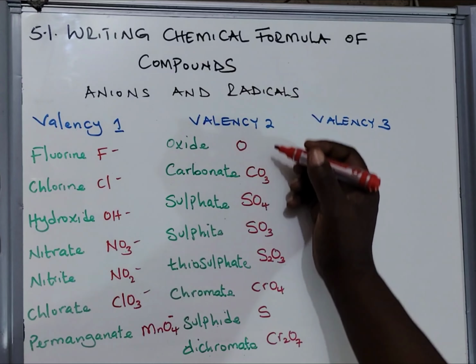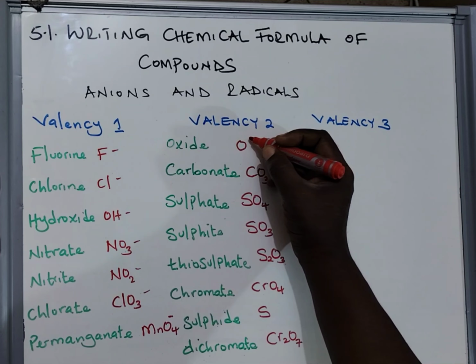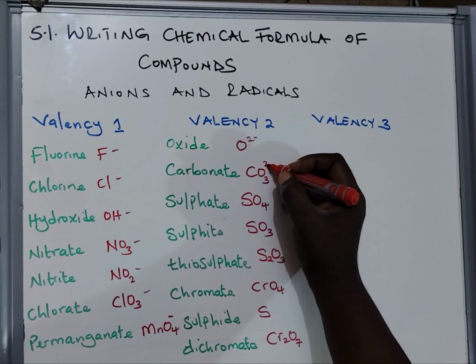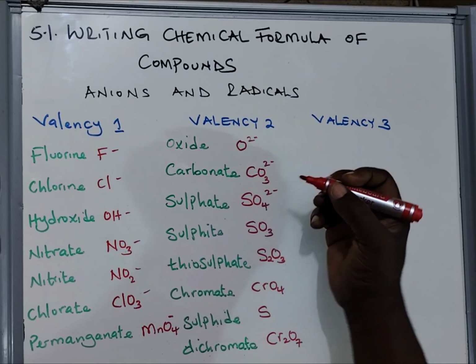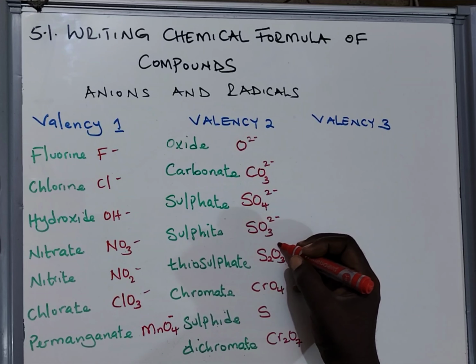Now you have to know that these ones are valence 2, and so they are going to be -2, because they form the negative part of the compounds.